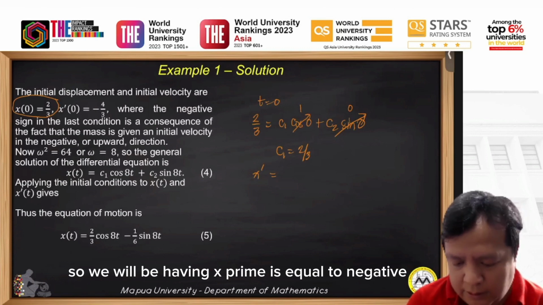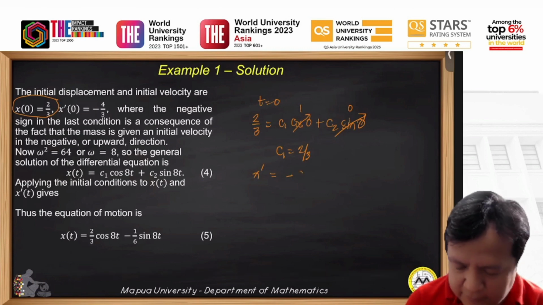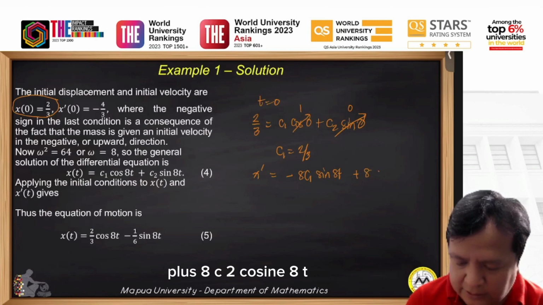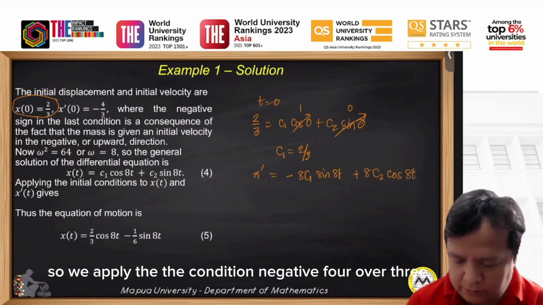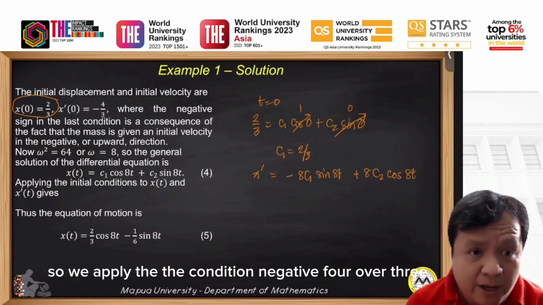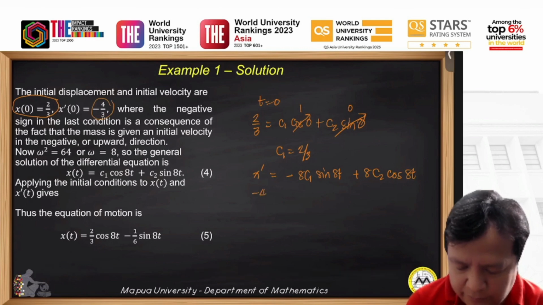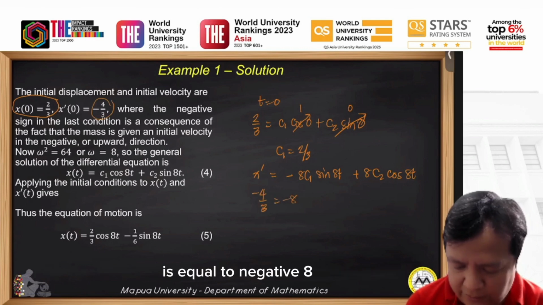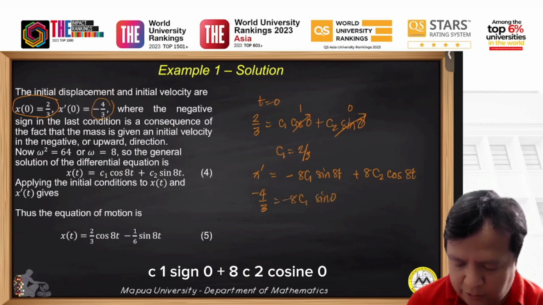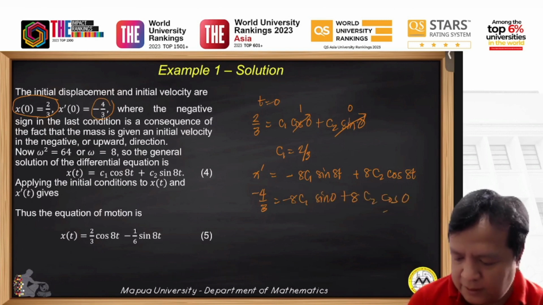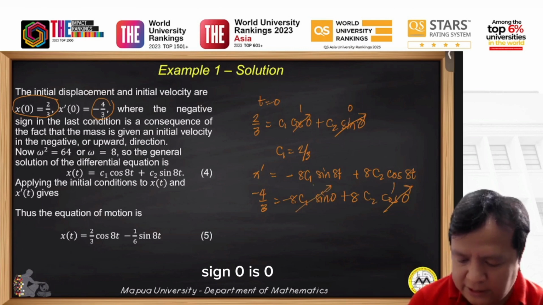Now, if we differentiate this, we have x prime equal to negative 8c1 sine 8t plus 8c2 cosine 8t. We apply the condition: negative 4/3 is equal to negative 8c1 sine 0 plus 8c2 cosine 0. Cosine 0 is 1, sine 0 is 0.